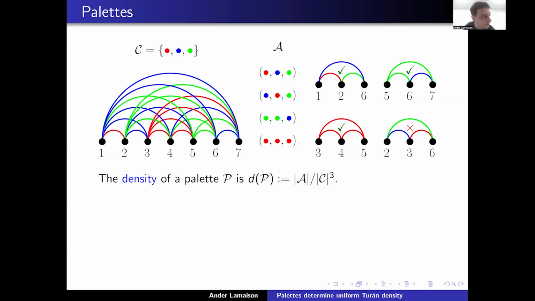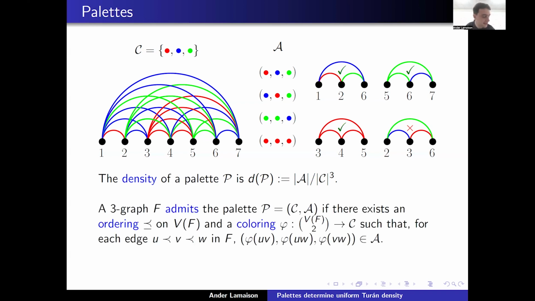And using standard concentration arguments, you can show that with high probability, the result is going to be uniformly dense with this density. And that means that if we have some hypergraph F that does not appear as a substructure here, as a subgraph, then its uniform density is going to be at least the density of the palette.